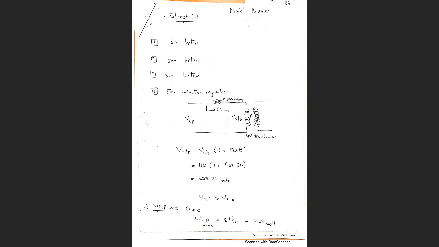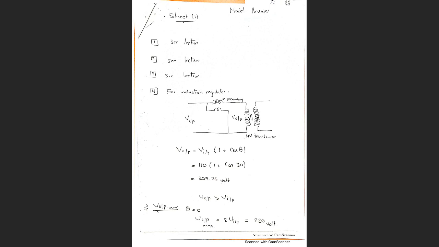So when theta varies from 0 to 90 degrees, this output will vary from minimum to maximum. The maximum case we get when theta is 0. So cosine 0 will be 1, so 1 plus 1 is 2, 2 multiplied by V input, means we can get a maximum of 2 times the input voltage, that is 220 volts.